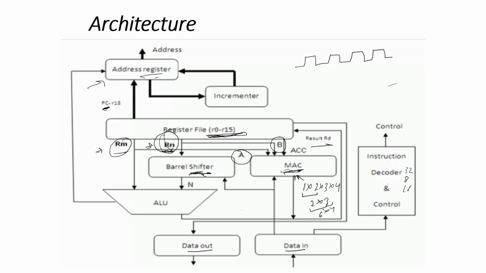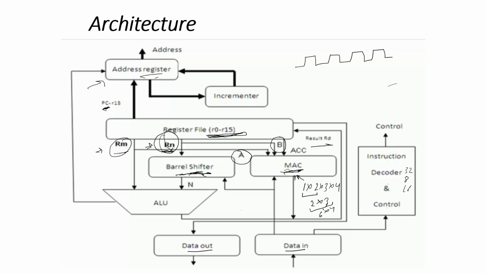Address registers are used to hold the address, and the address bus will facilitate the storage action. And this barrel shifter will help to do the pre-processing before execution of the operands in the arithmetic logic unit.